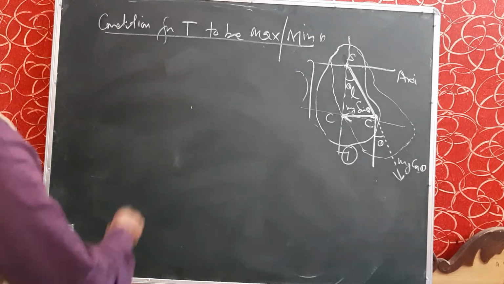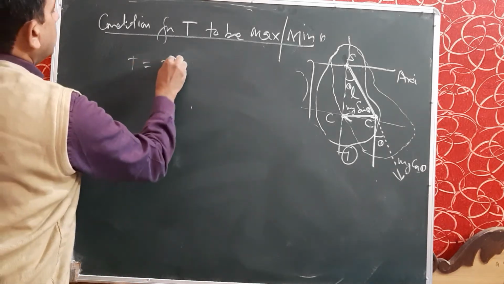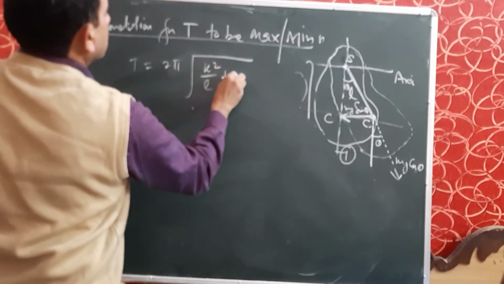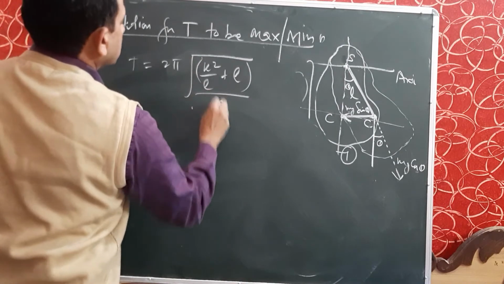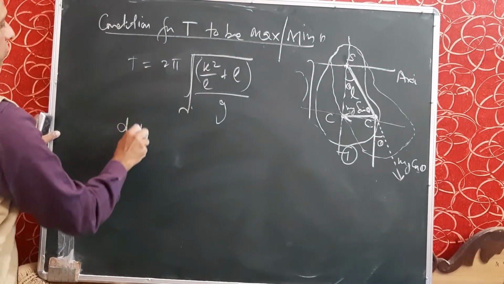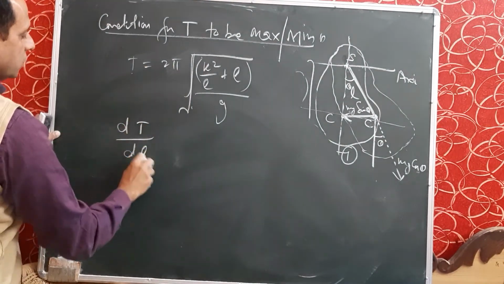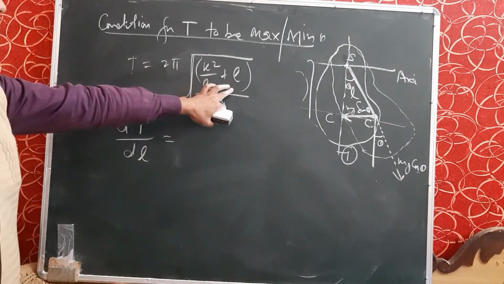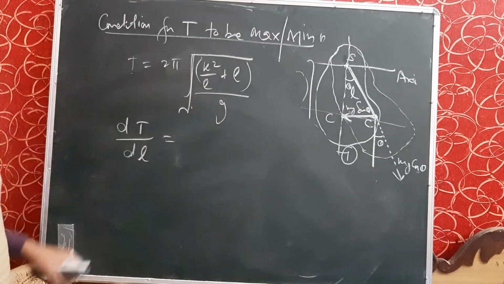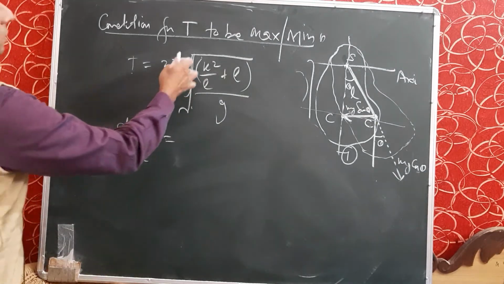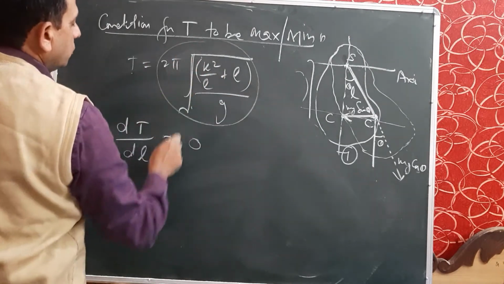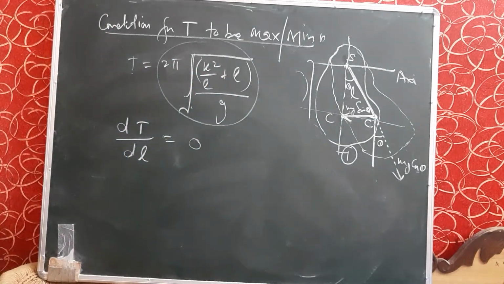So we know the formula T equals 2 pi root of k square by l plus l over g. Taking the derivative of this equation on both sides with respect to l, because T and l are the variables and the others are constant, we finally put the derivative equal to 0 for maximum or minimum.